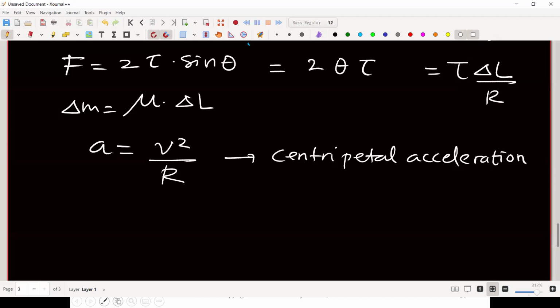By using Newton's second law, F is delta M times A.